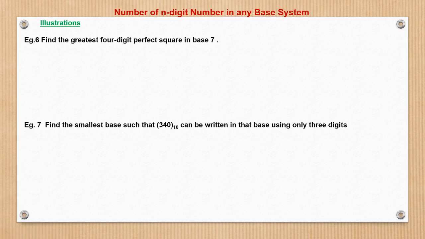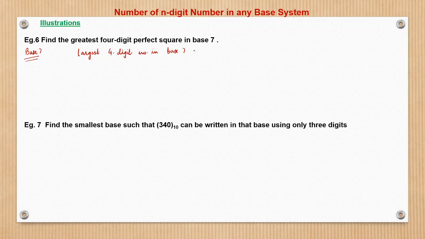Now we'll move to the next question, which is question number 6. So here it says find the greatest four-digit perfect square in base 7. So base is 7. So now what is the largest four-digit number in base 7?